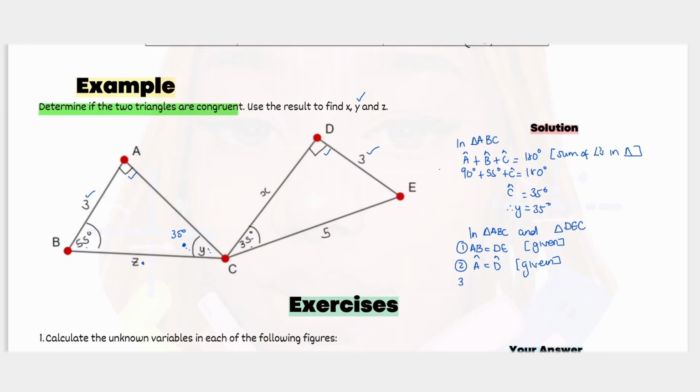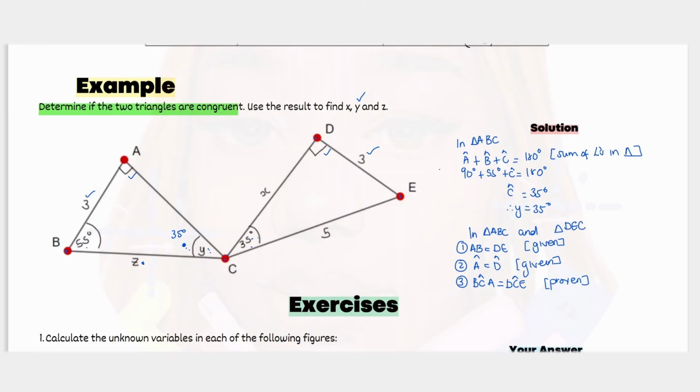Then the third one is what we just proved: angle BCA, going from here, coming here, and going this direction, is equal to angle DCE. We have proven that they both equal 35, so we can say that it was proven.